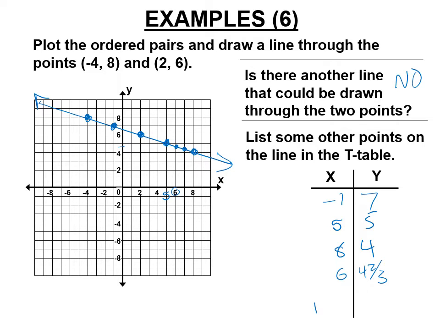So this is 6, 4 and 2/3, and the one right next to it is 5, 4 and 1/3. Now we don't usually graph a lot of fractions, but I do want you to be able to do 0.5 and a half. But you can figure out what the coordinates are of these fractional ones that are in between the whole numbers. They are there. There's an infinite amount of points.